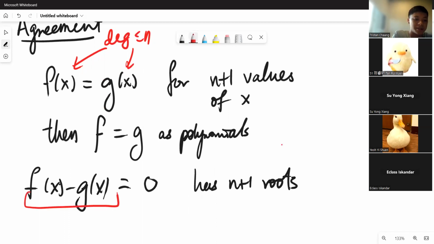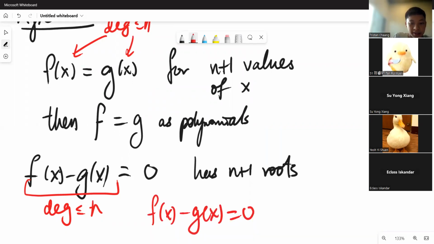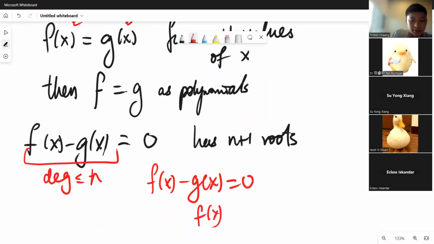But this is a polynomial of degree at most n. So the only thing possible, the only exception to the previous theorem, is that the polynomial is a zero function. So fx minus gx is the zero polynomial, and hence fx is equal to gx. Okay.